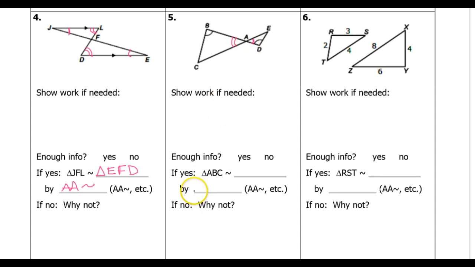And that is enough. Again, by the angle-angle similarity postulate, all you need is 2 angles. So let's see. Angle A corresponds with angle A. Angle B corresponds with angle D. And that just leaves angle E.